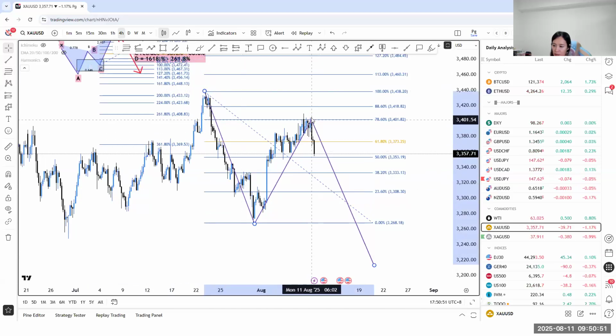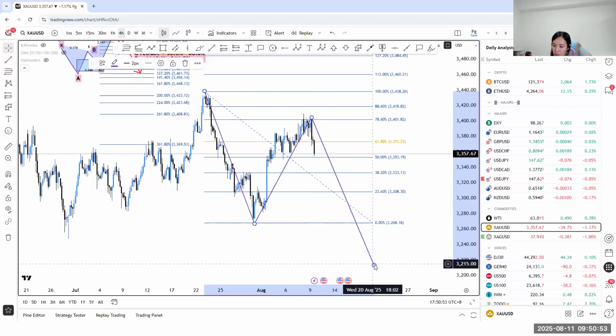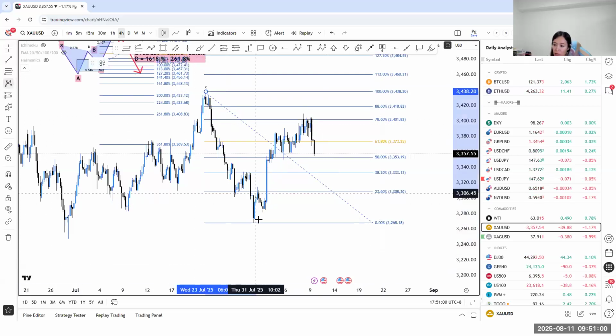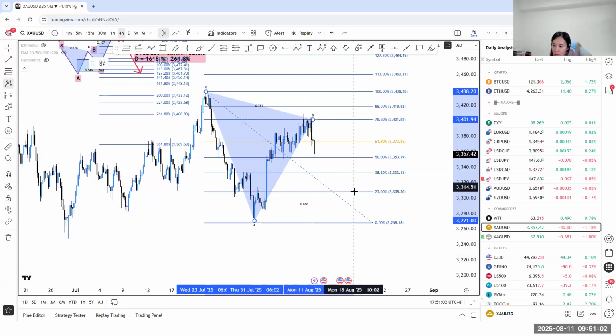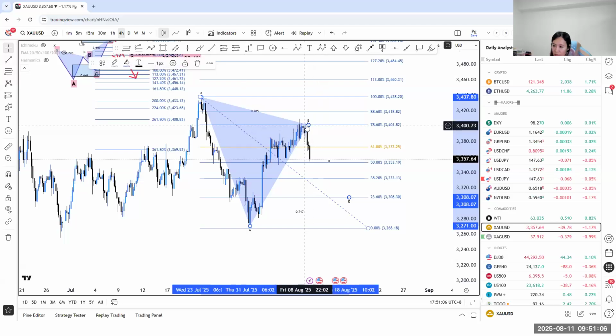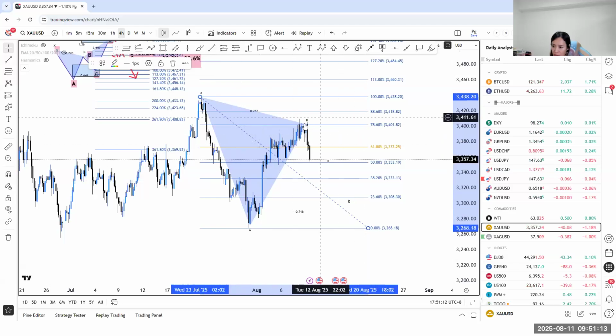C retraces 78.6%, and BC is going to break below this swing low. I don't know how many patterns, meaning that if B retraces 78.6%, okay, we already have 78.6% right here. You can see that XAB.